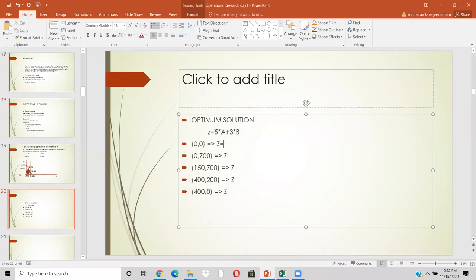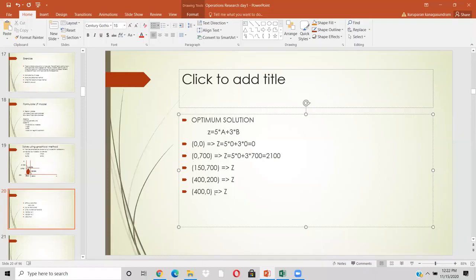How to find it? 5 times 0 plus 3 times 0, that's equal to 0. Similarly here, 5 times A, which is 0, plus 3 times B, which is 700, that's equal to 2100.